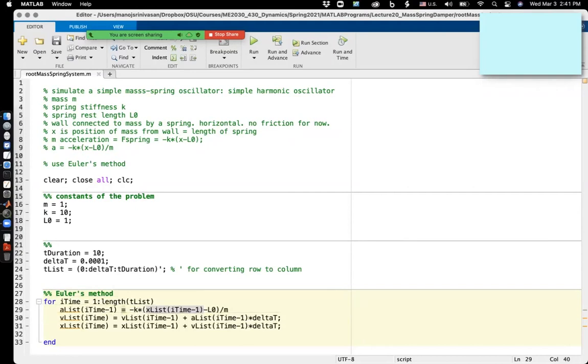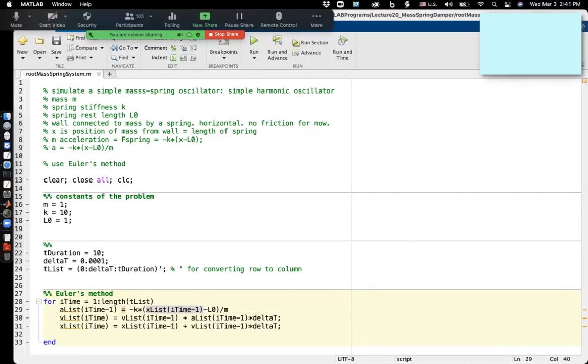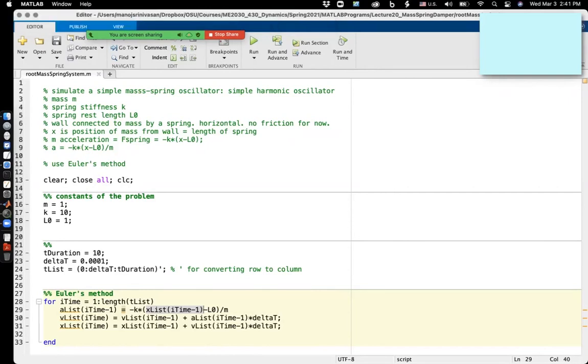Will this run? We start the iterations at 1. There's no 0 index in the vector. So this will not run because it doesn't know, for instance, x list of 0. It's not going to work because vectors are indexed from 1 onwards.